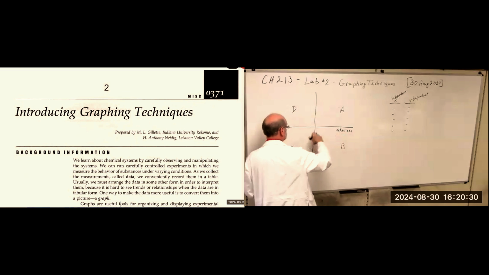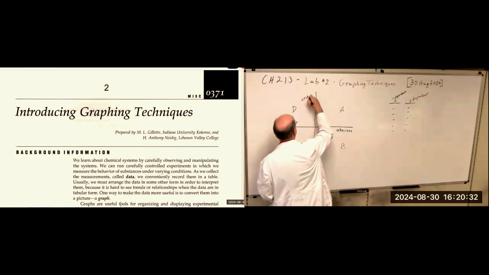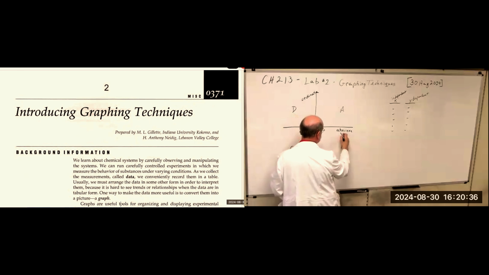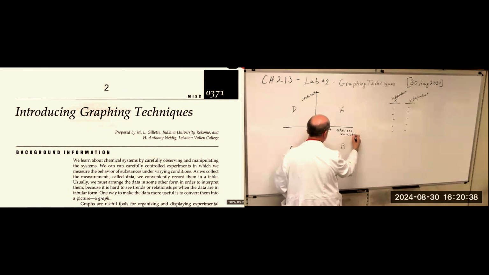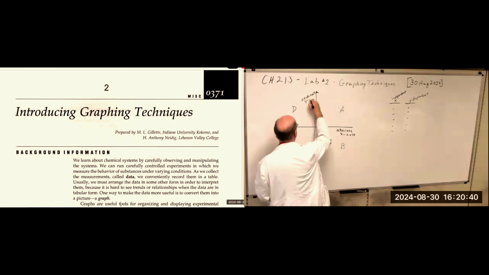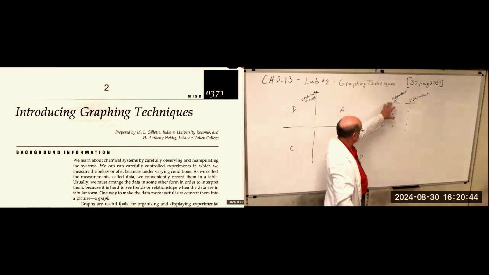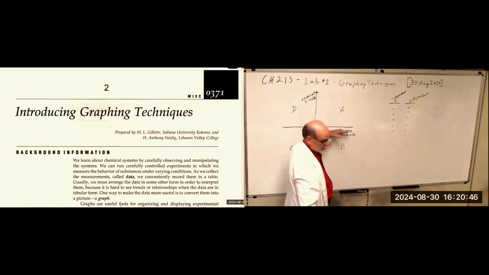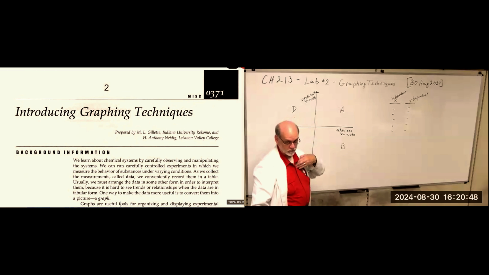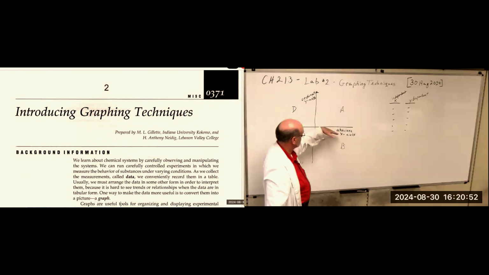And this line is called the ordinate. Alternatively called the x-axis and the y-axis. Related to these terms, independent variable is always on the x-axis. That's the one we control. The experimenter changes these values to see what happens to the other values.